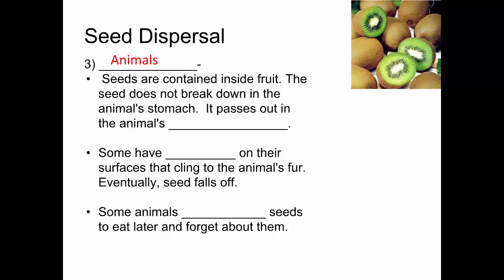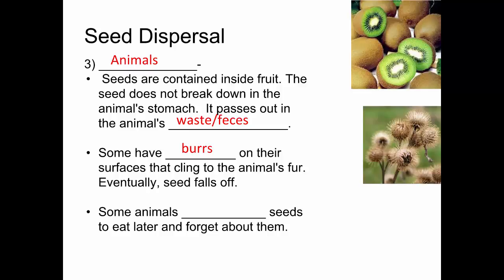They don't leave the seeds like I did on my pear over there. They eat the whole fruit. The seeds are not affected by the animal's digestive system. They pass right through the animal's digestive system and out as the animal goes to the bathroom. But that's going to be somewhere else. So those seeds have been dispersed. You've seen these before, right?